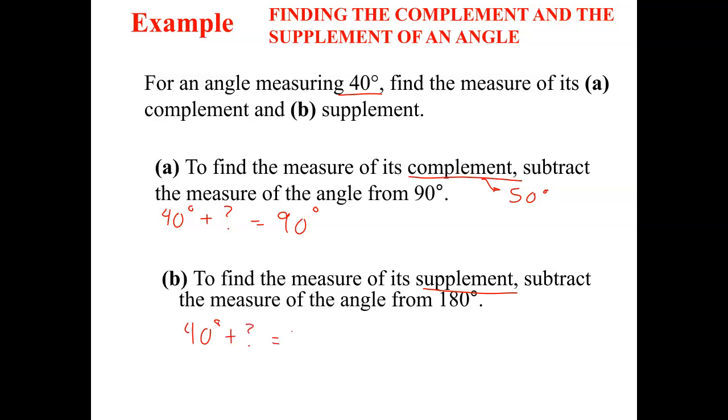So what angle measurement will add to 40 to give me 180? 140. So its supplement is 140 degrees. Complement, the sum of the angles is 90. Supplement, the sum of the angles is 180.